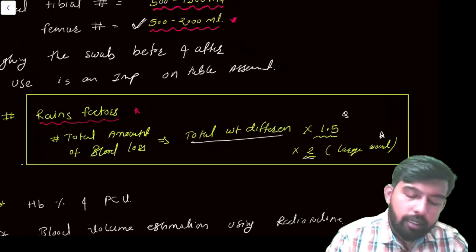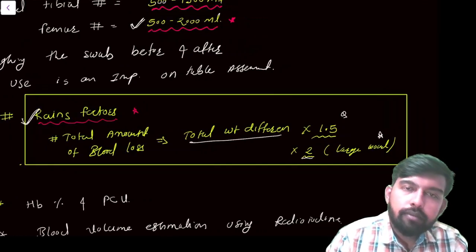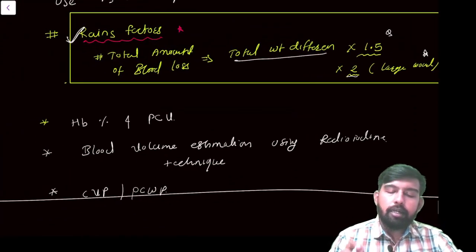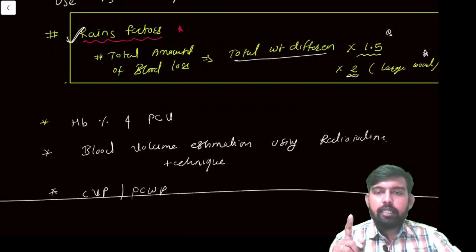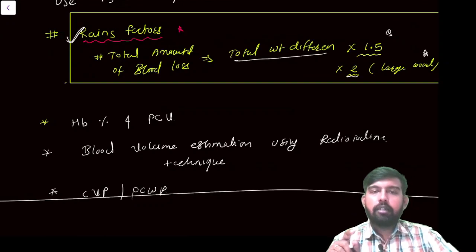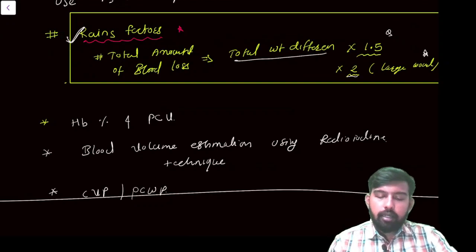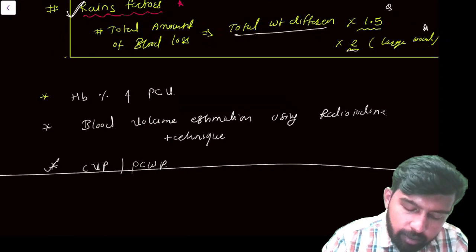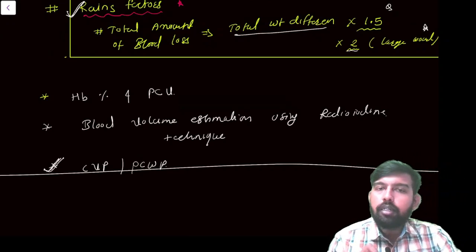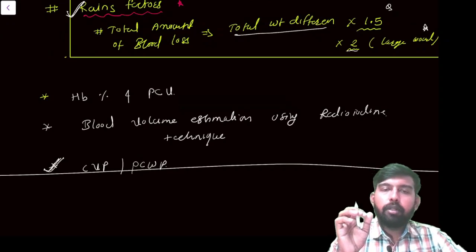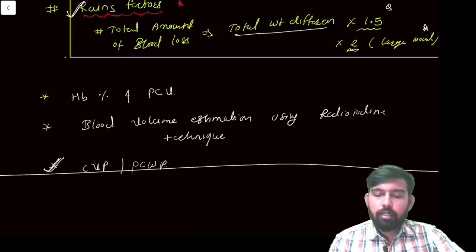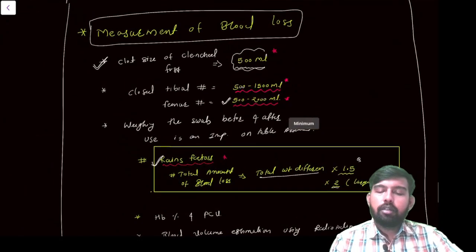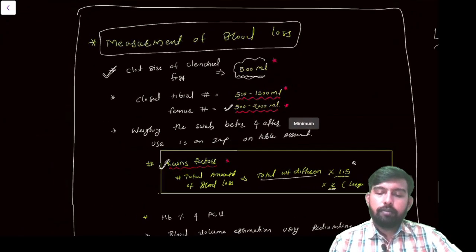So this is the Rains factor. Another method is the percentage fall in the hemoglobin, PCV, the hematocrit value. The blood loss can also be estimated by decrease in the central venous pressure or the pulmonary capillary wedge pressure. So these are some parameters to measure the blood loss during trauma or surgery.